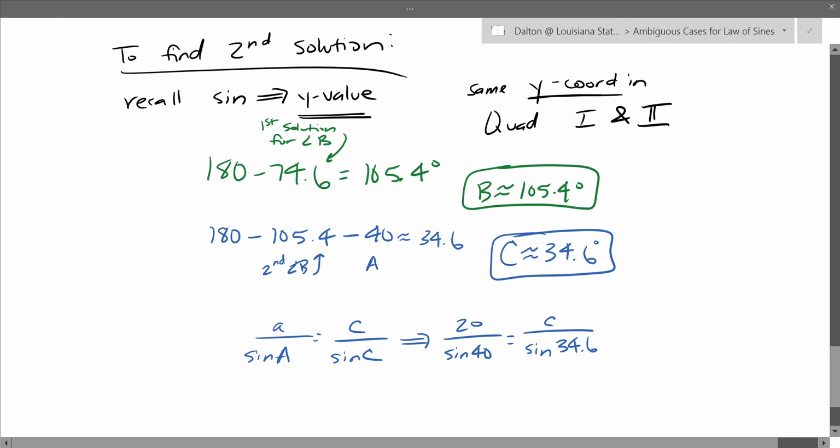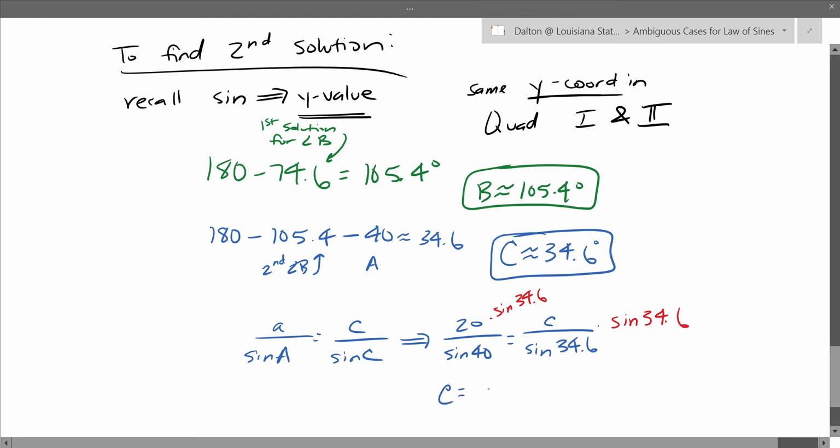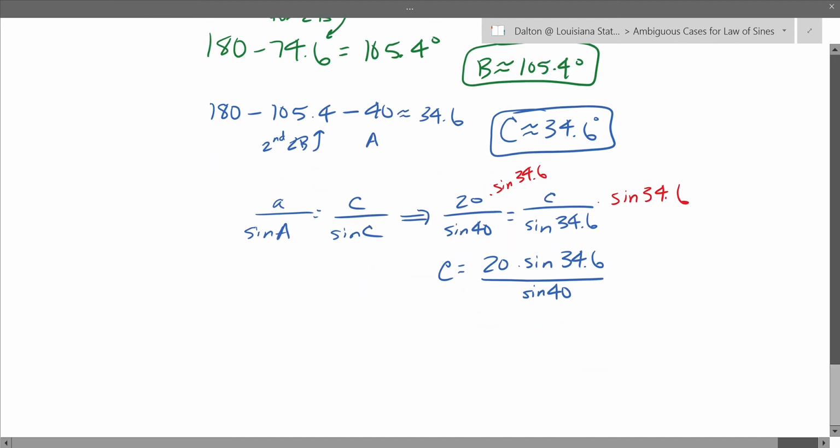And then to isolate C, we're going to multiply both sides by the sine of 34.6. And that's going to give us side C is equal to 20 times the sine of 34.6 all over the sine of 40. And if you carefully enter that into your calculator, you will get that side C is approximately 17.7.